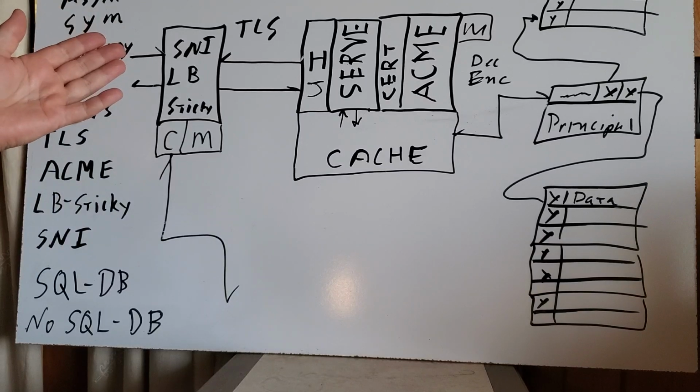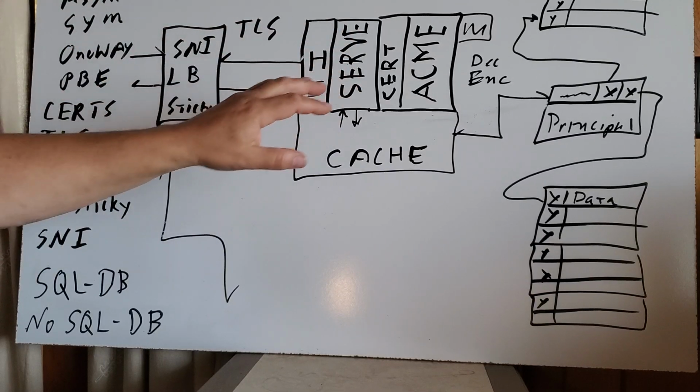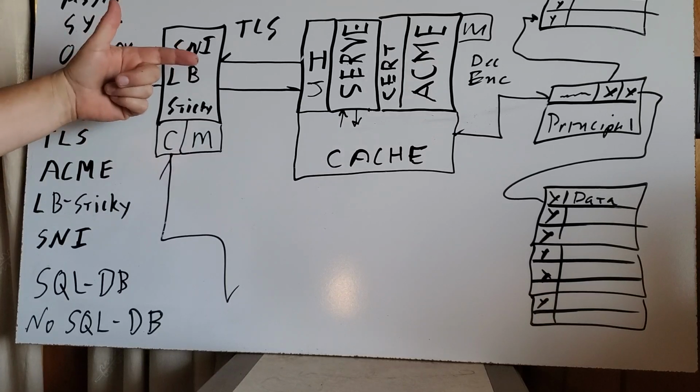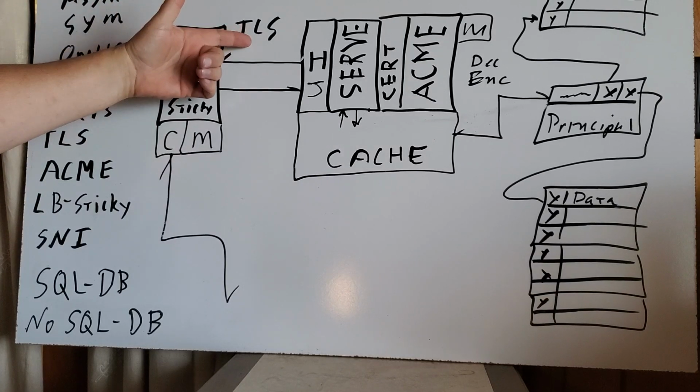So again, an interaction with this web application would be a consumer of the web application submitting a username and password. It'll be very securely handled by TLS in here.